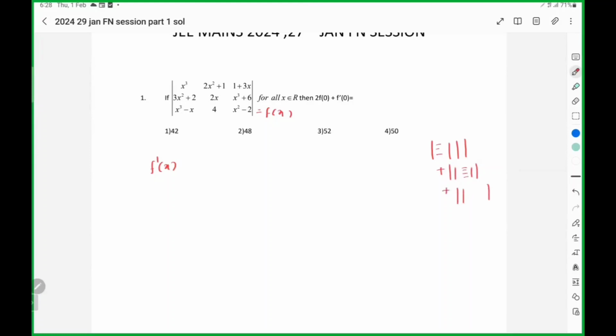Again, keeping the first and second rows the same, you have to differentiate the third column.